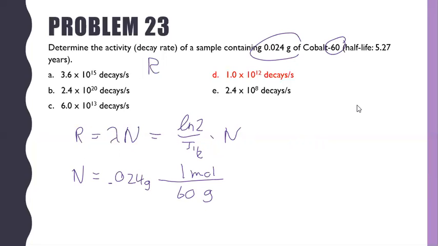The molar mass of any isotope is the mass number in grams per mole, close enough. So then I can use Avogadro's constant to get from moles to nuclei. That's 6.02 times 10 to the 23. And that allows me to calculate N.